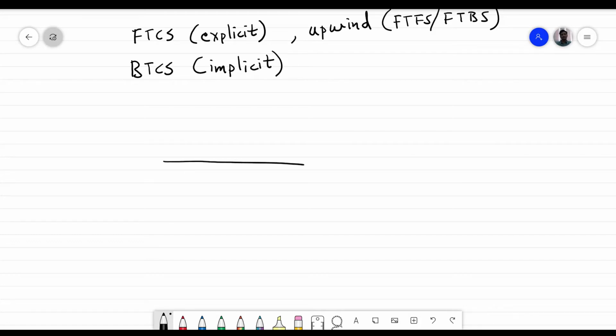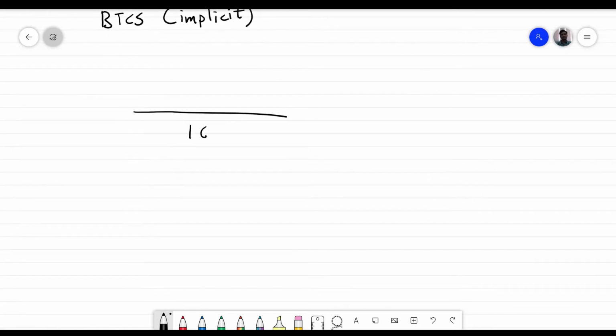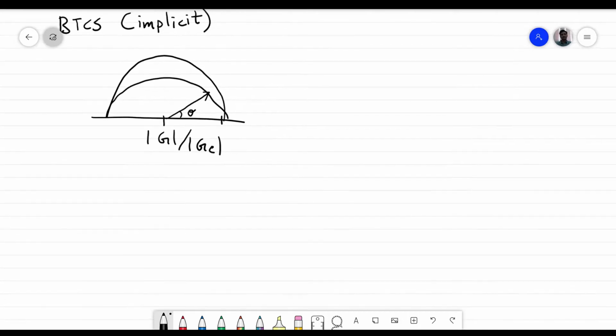So for that we plotted mod G by mod GE on a polar plot, and we got some curves, something like that, where this vector length is mod G by GE. This is a polar plot, and this angle was theta, which comes from the mode of the Fourier series expansion that we are looking at. Okay, the mode in that Fourier series.